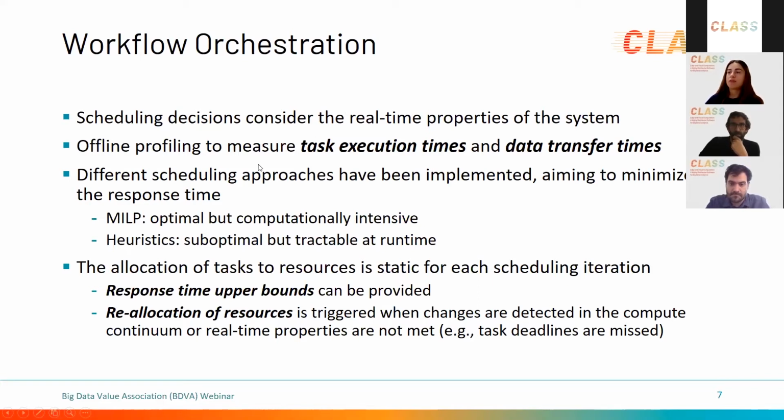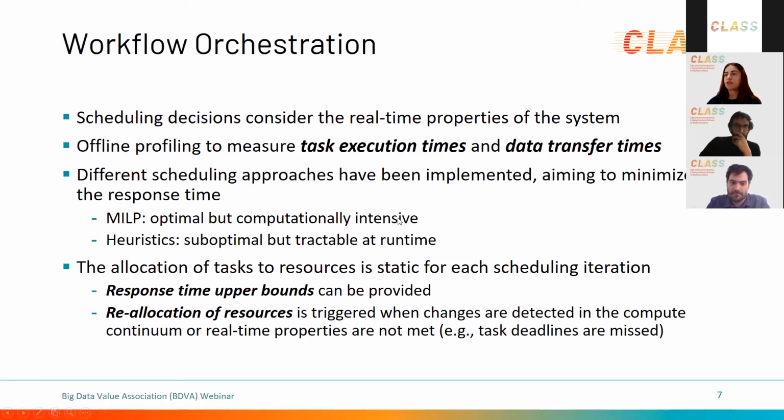So the first step for us is to proceed to have an offline profiling in order to measure the execution time of the tasks and the data transfer times. So before actually running the final use case, we need to have a profile for all the available compute resources to obtain the different execution times of the tasks and the latencies introduced by the communication network.